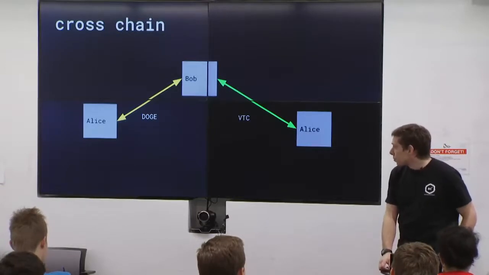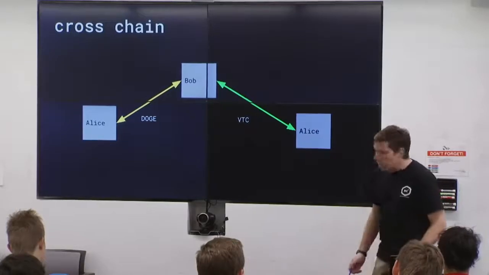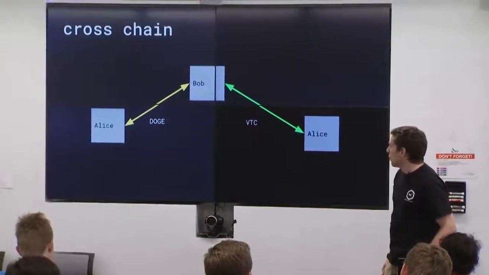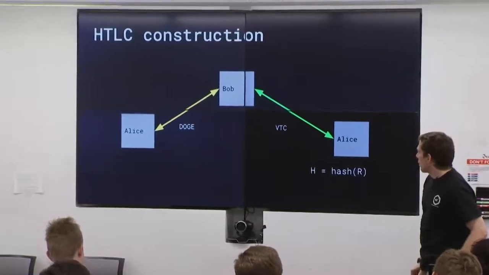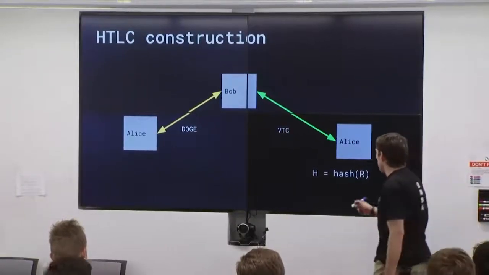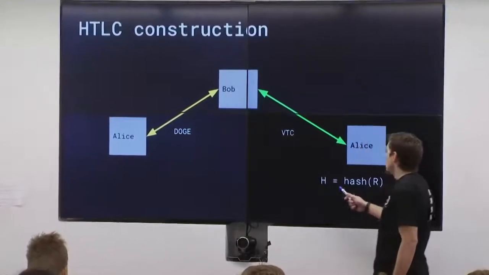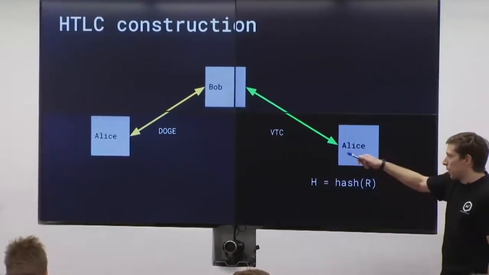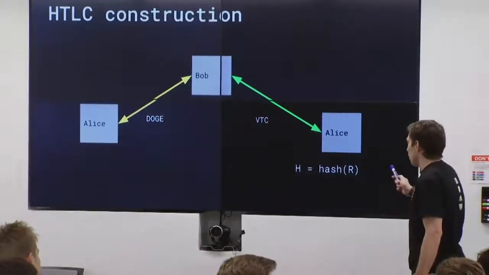Okay, so you've got these two channels that have been set up, and Alice wants to sell her Dogecoin and buy Vertcoin. So you have the same HTLC construction. What's interesting in this case is that it's the same person on both sides, so there are some optimizations you can do, but forget those for a second.